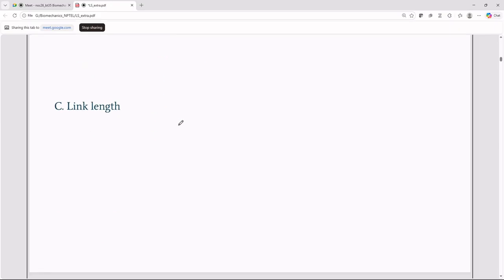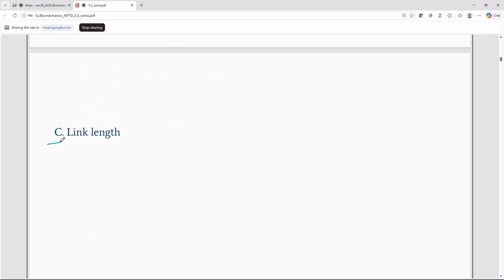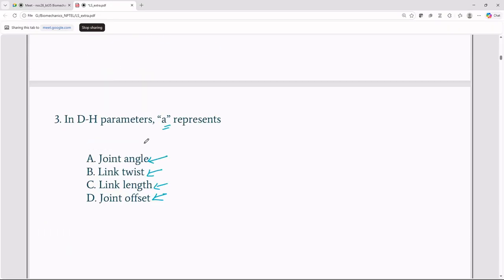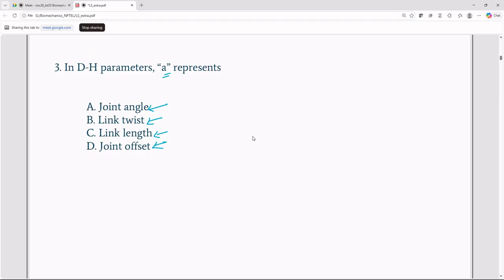The correct answer is option C, link length. A is the length of links. So option C is the correct answer. Link length.